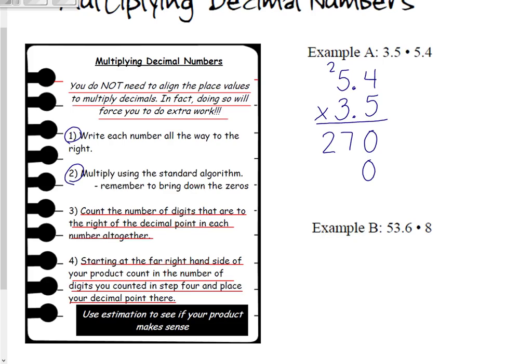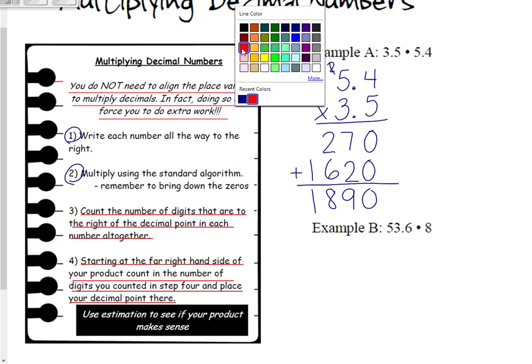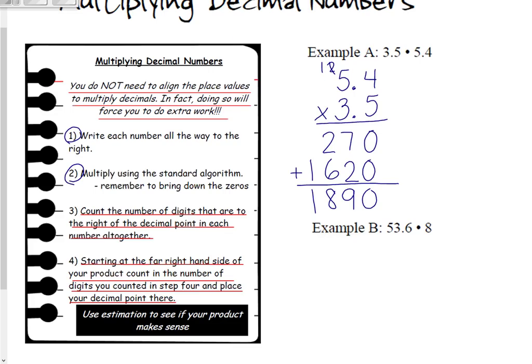Okay, 3 times 4 is 12. Carry the 1. 3 times 5 is 15, plus 1 is 16. Add the 2 numbers. And now here's where we need to take into account the decimal point. Okay, the decimal point movement in both the numbers is a total of 2 places.